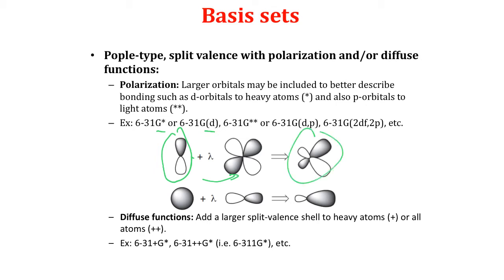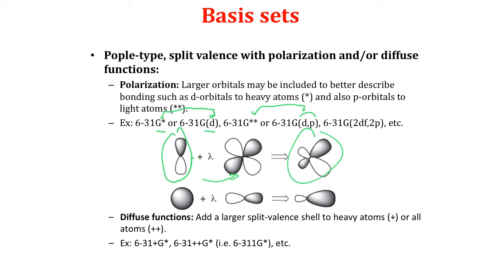Adding polarization functions is really important for trying to describe tetrahedral molecules. Likewise, you can polarize an s orbital with p functions, with the star-star basis set, or the (d,p) basis set. So the key is noticing that the star and the d mean the same thing, and then the star-star and the (d,p) also mean the same thing.